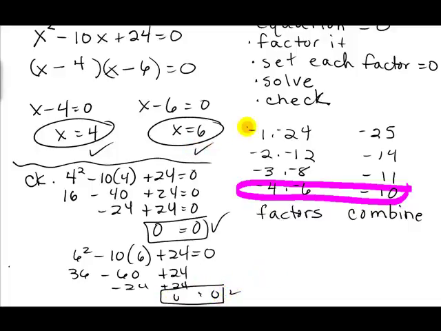That lets us know that this is correct. When you enter the answers for MyMathLab, it will have it set up as x equals, and then they want you to write your answers with a comma in between.